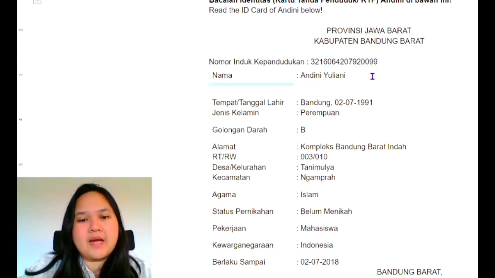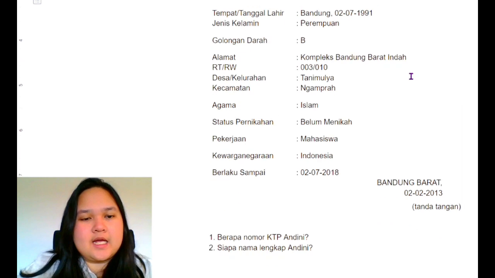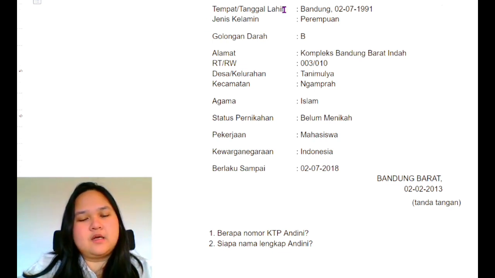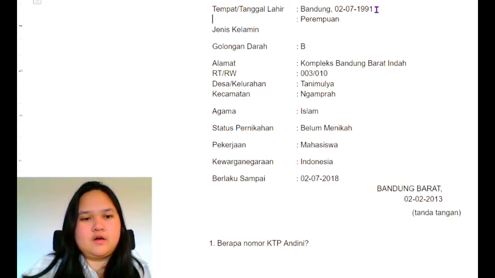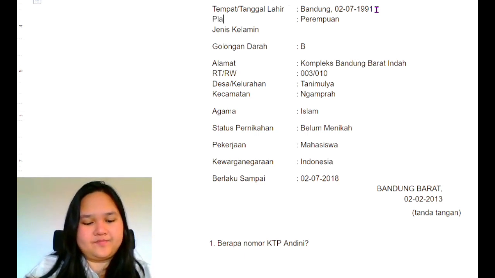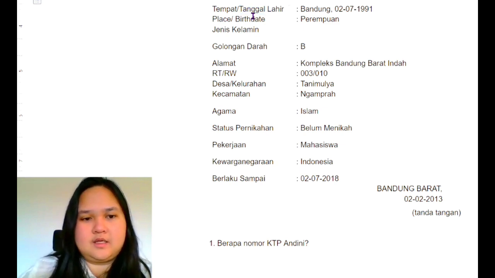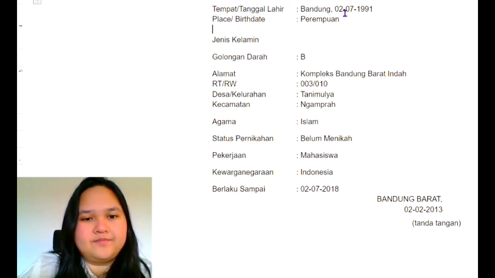And the name. Nama, ya, nama Andini Yuliani, and there is tempat tanggal lahir. Tempat tanggal lahir means place and birth date. So lahir is birth, tanggal is date, and tempat is place.